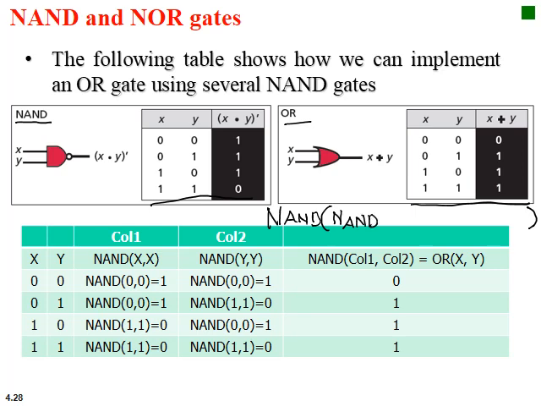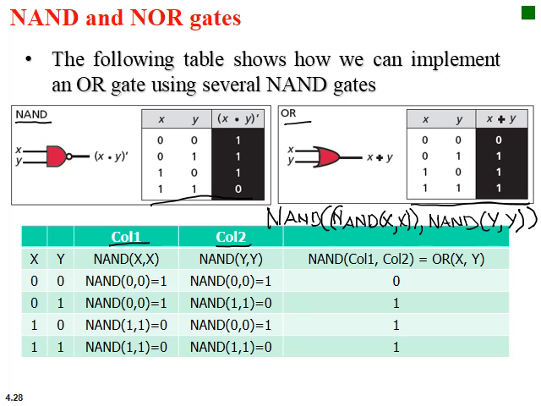You take the NAND of, basically here, what I call column 1, and that's basically NAND X X. Alright, so we can put that in its own brackets, and then comma, and we do another NAND, basically here of column 2, which is now NAND Y Y. Alright, so there you can see this is the actual formula we will use now to simulate how we can use a NAND gate to implement an OR gate.